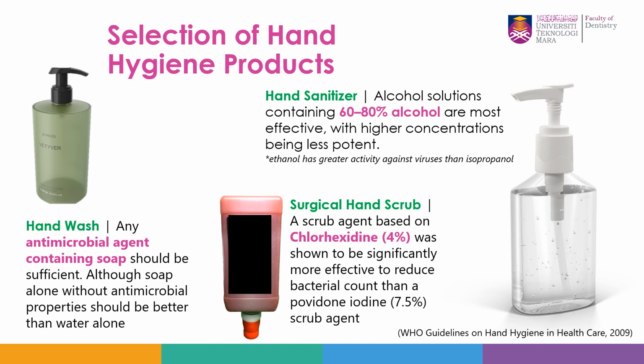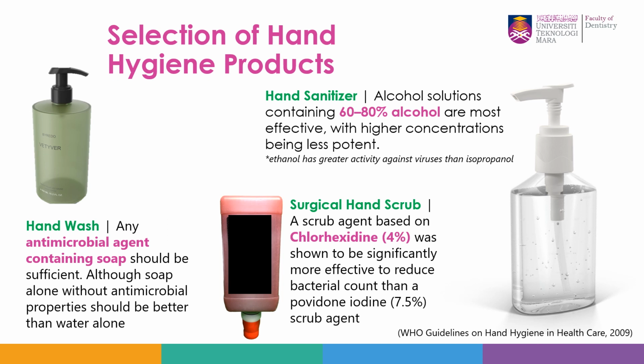For the hand sanitizer, normally we would suggest the alcohol content should be in the range of 60 to 80% alcohol, which will give the most effective action against bacteria and viruses, with higher concentration being less potent. So if it is more than 80%, it would become less potent.